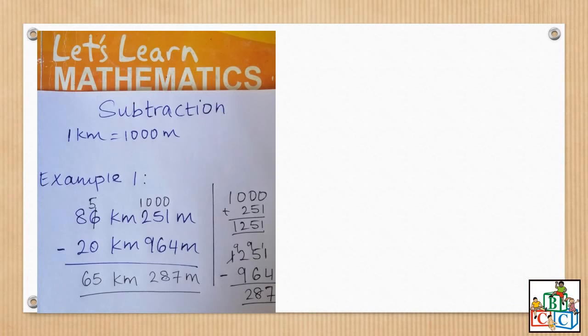When you are borrowing from kilometers, you will have 1000 meters and not 10. Your answer is 65 kilometers 287 meters. We are going to work it out in your copybook. You will find you will have this answer.